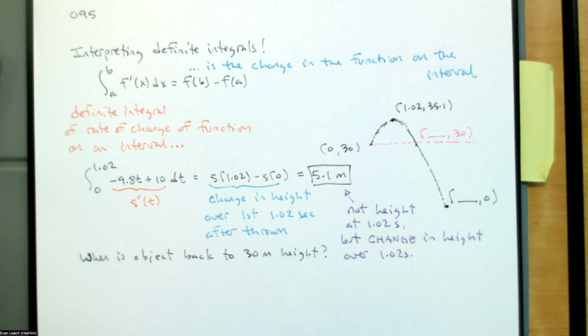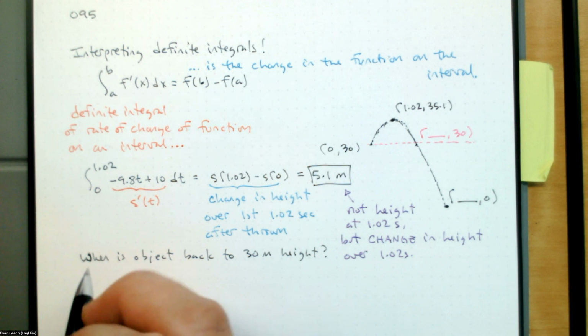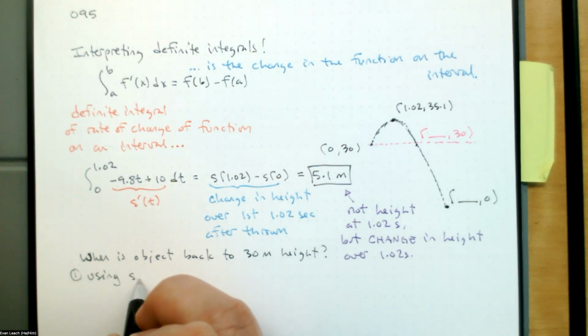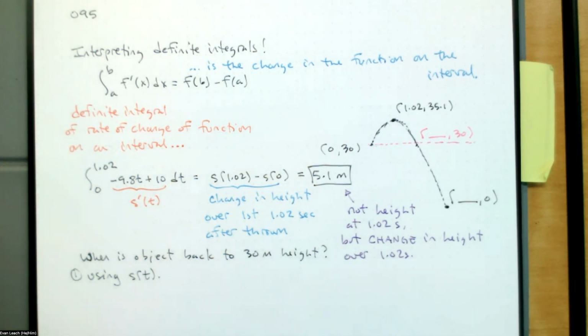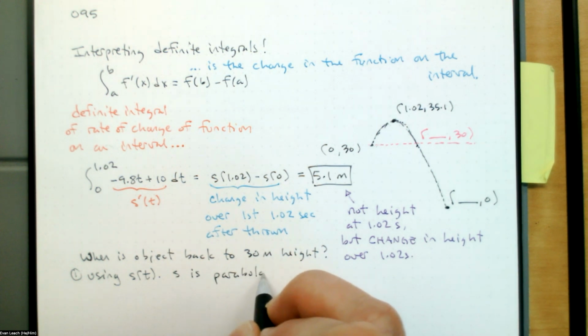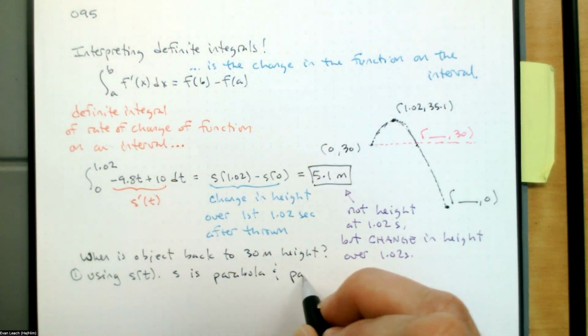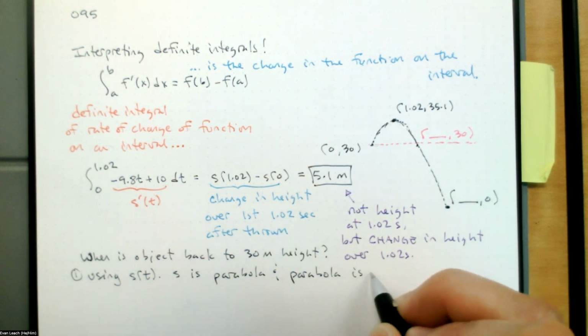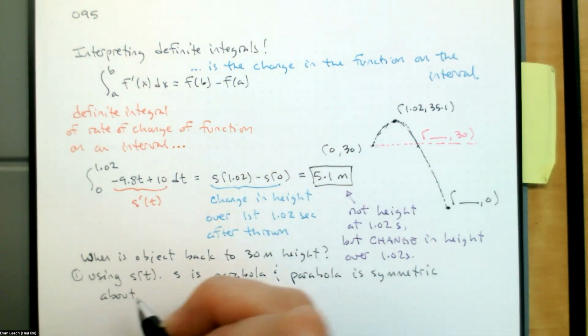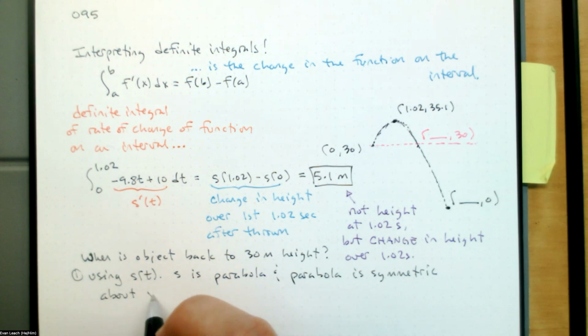Based on what we know about the function, our function is a parabola, and our parabola is symmetric about a vertical line through the vertex.